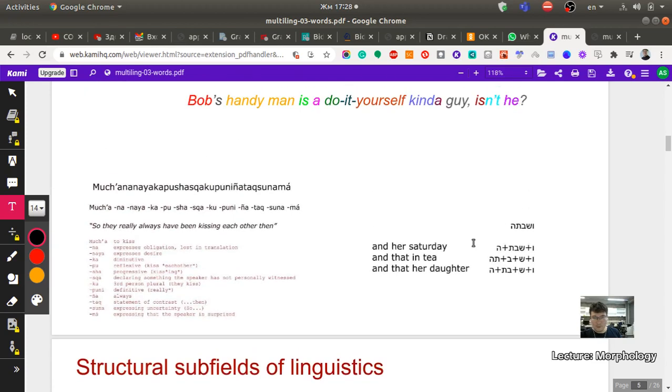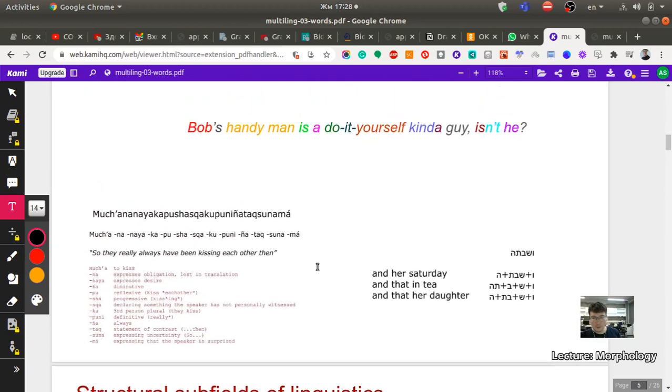Also this language has its own structure, like in our language we have vowels and consonants that give some meaning, but in Hebrew, Arabic, and other Semitic languages, the vowels are actually not as important as consonants. So if the consonants are the same, the word will also be the same.